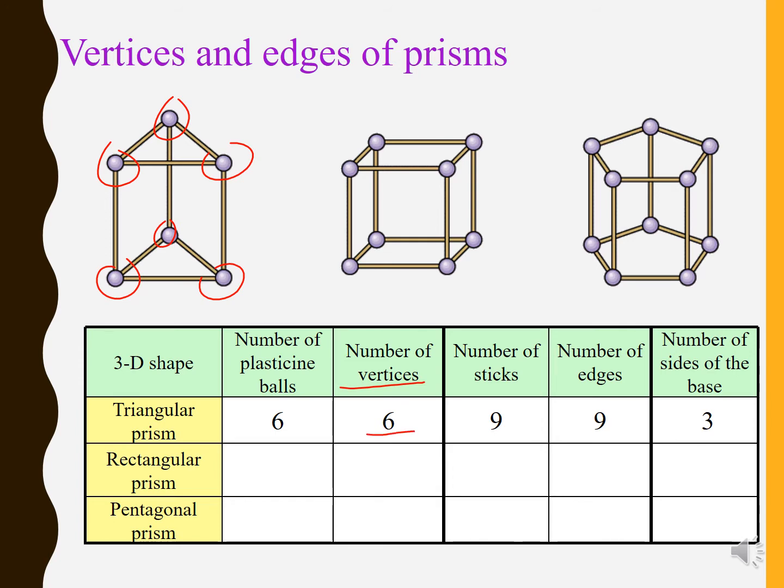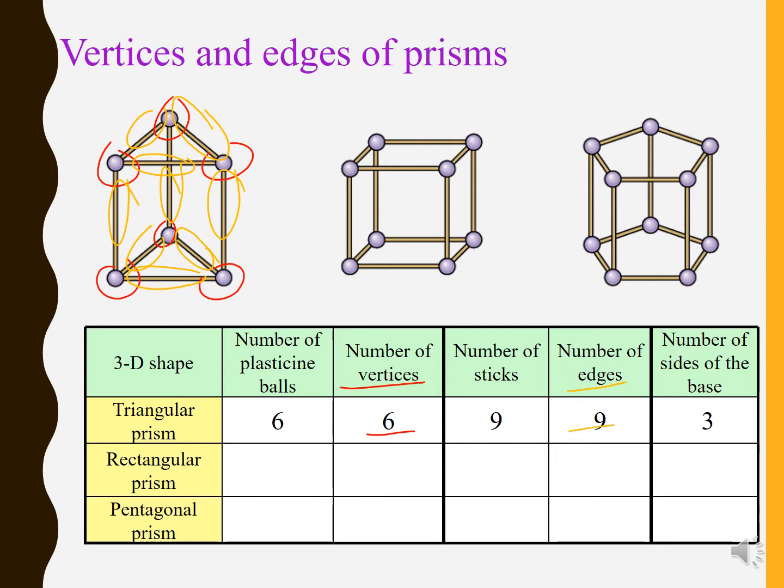For the number of sticks, we have 1, 2, 3 at the bottom, 4, 5, 6 on top, and in the middle we have another 3: 7, 8, 9. So in total there are 9 sticks. That means there are 9 edges.